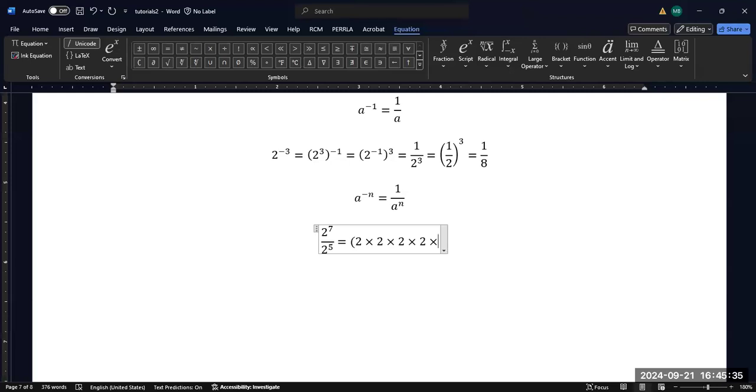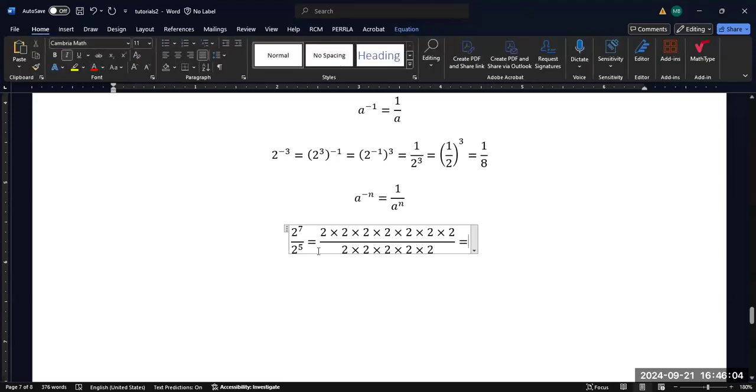So when we're doing division like this, our 2's would cancel in pairs.